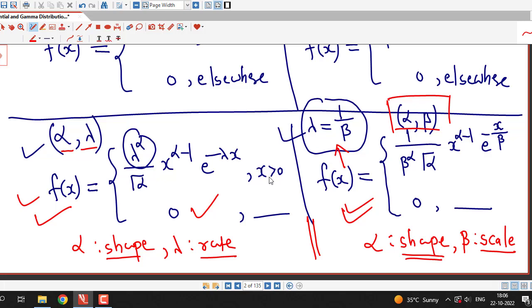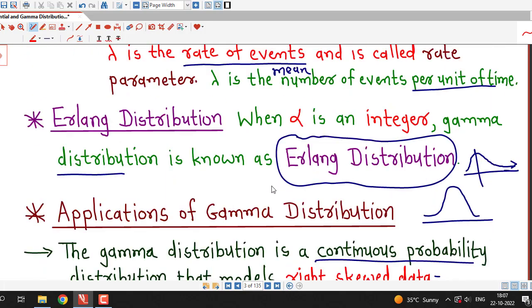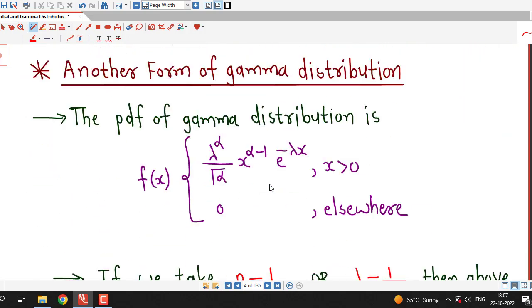So you can use any form of gamma distribution as per your convenience, but you must be familiar with these two different forms of gamma distribution. Different books consider these two different forms in their literature, so we must be familiar with both forms of gamma distribution. So that also I have mentioned here.